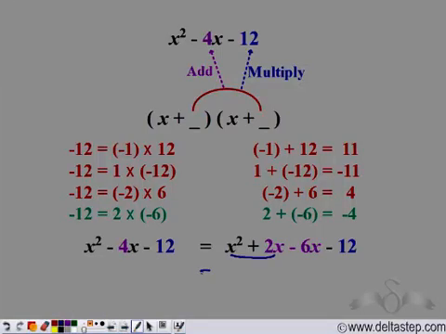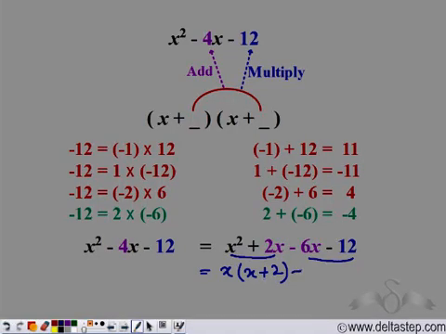Take these two. Take x common. We have x plus 2. Take these two. We have a 6 common. But note that if we take 6 common, we'll have a negative x in the bracket. But we want something similar to this. In fact, we want a factor identical to this.